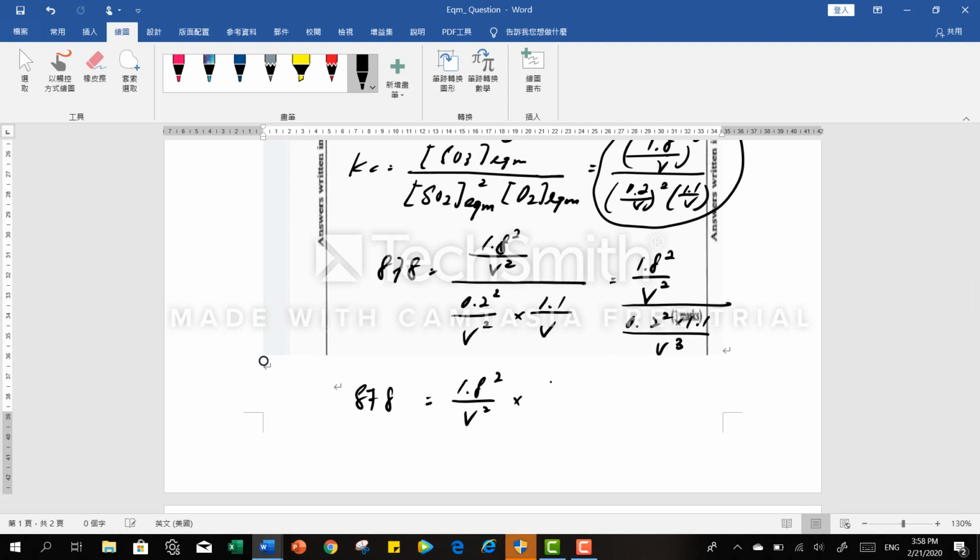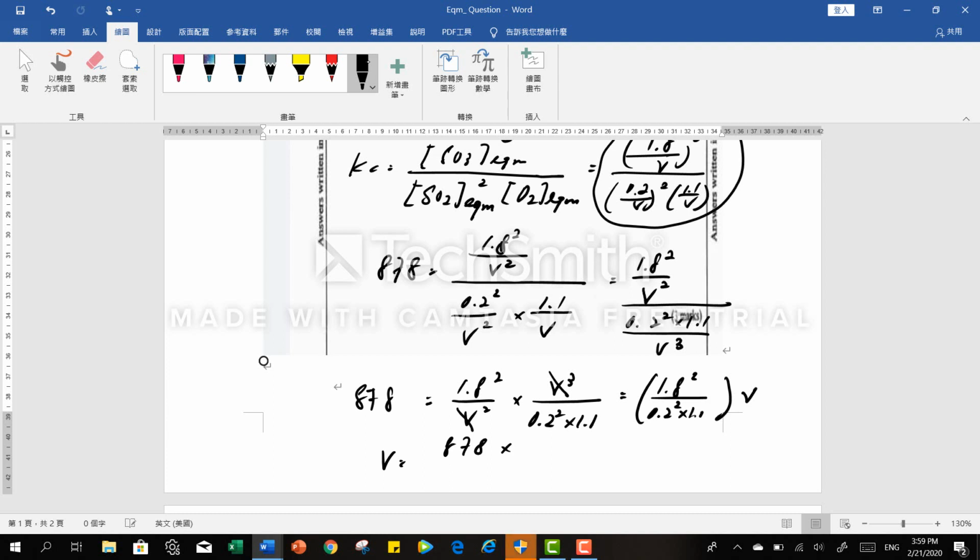So you flip the numerator and denominator, and then you simplify it. It becomes, okay. So I think you know how to do it with your calculator, right?